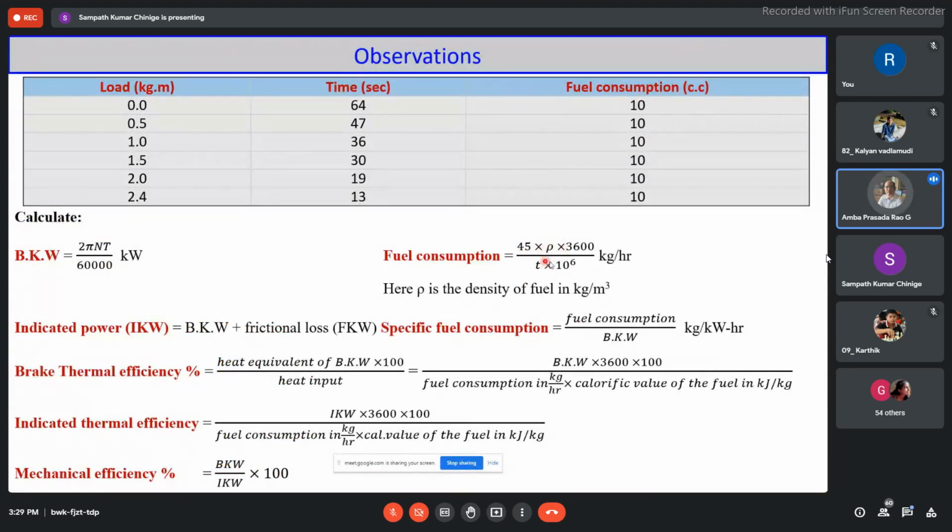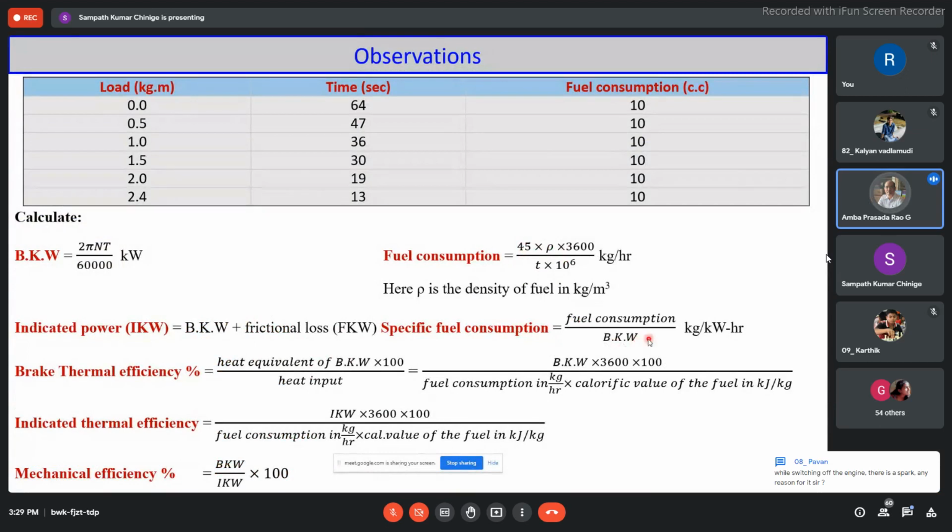Then indicated power is nothing but BKW plus frictional power. This friction loss is obtained from the Willans line by drawing the fuel consumption versus BKW, as I explained on the board. Fuel consumption divided by brake power is your specific fuel consumption, in kg per kilowatt hour.